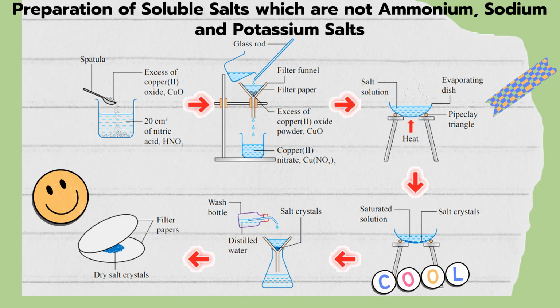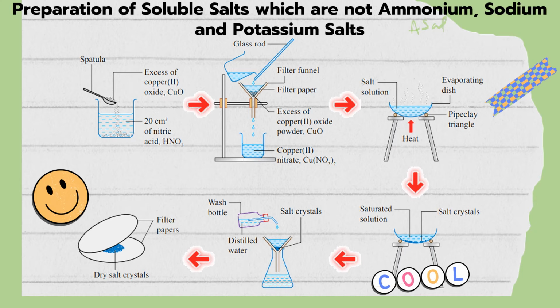This one is the preparation of a soluble salt that is not SPA. Not ammonium, sodium, or potassium. Any one of the methods you can use. The reagent you must use is an acid: acid with a reactive metal, acid with a metal oxide, or acid with a metal carbonate.